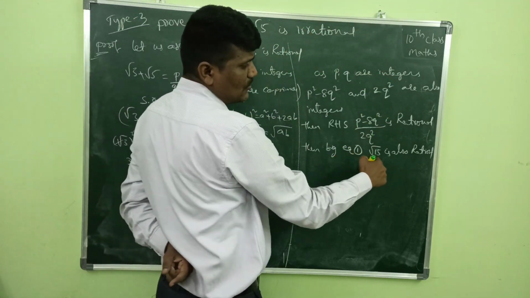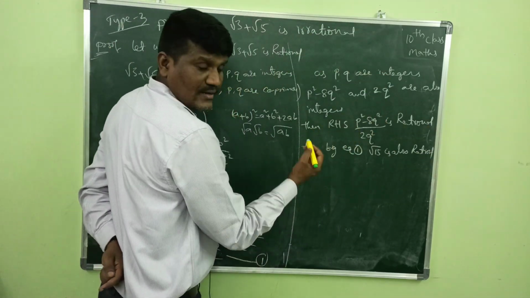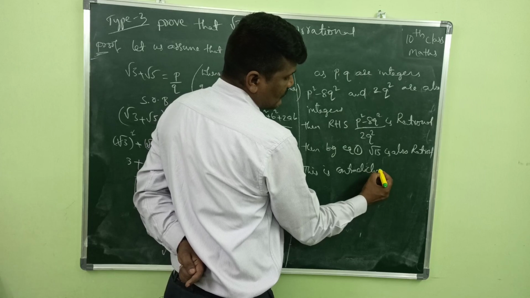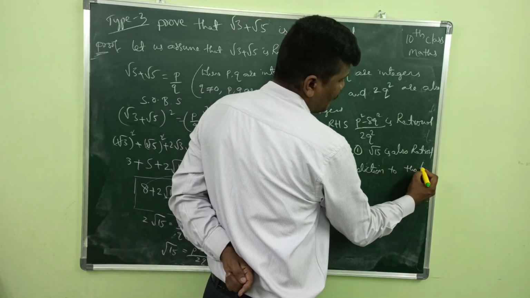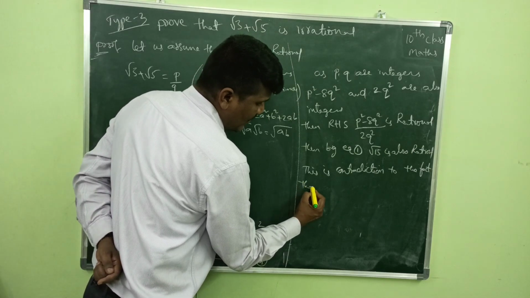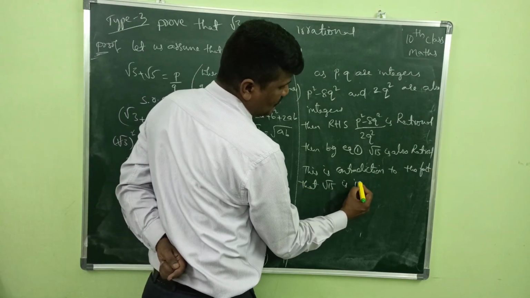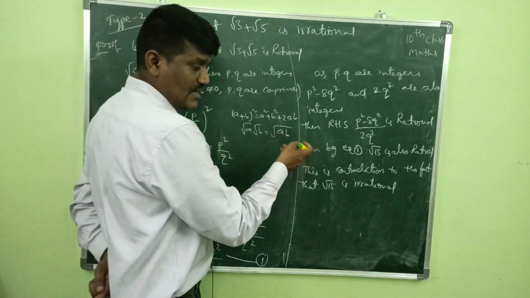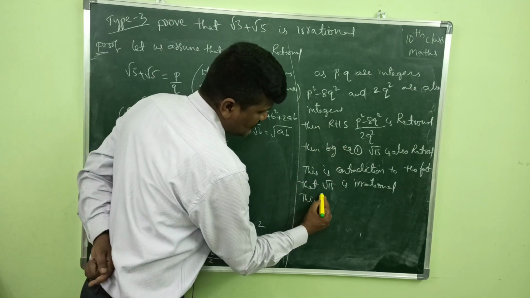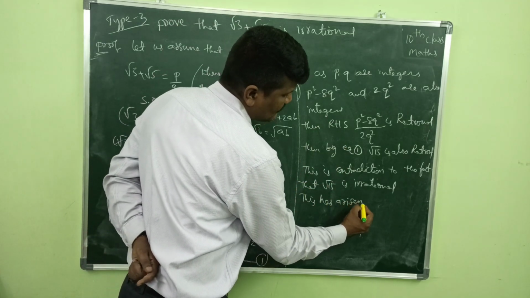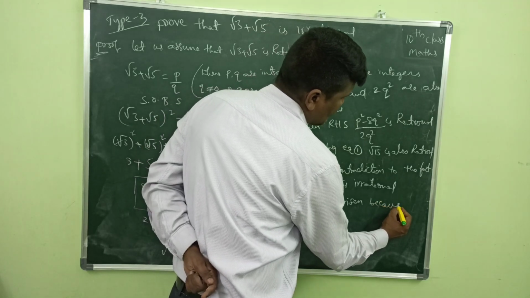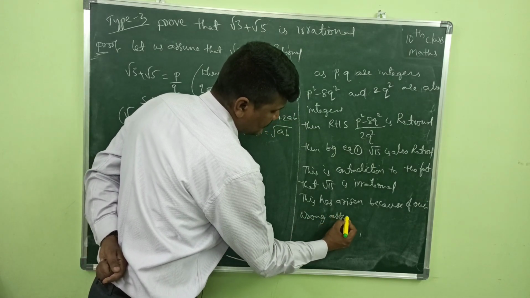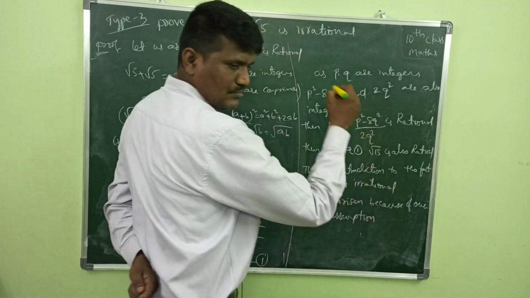But we got here that root 15 is rational, which is a contradiction. This is a contradiction to the fact. What is the fact we have? The fact that root 15 is irrational. Why has this arisen? This has arisen because of our wrong assumption.